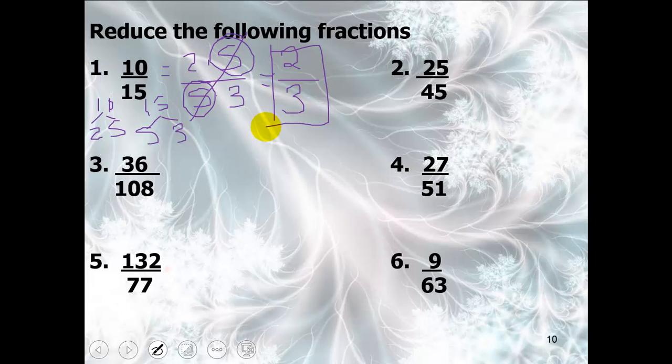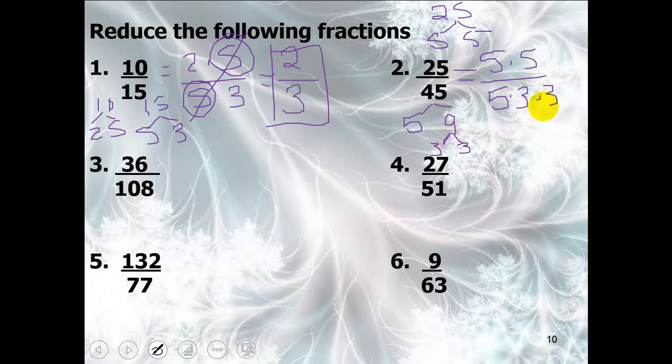Now, number 2. 25 over 45. Well, I'm going to prime factor 25. I'm going to divide by 5, and I get 5. So 25 is equivalent to 5 times 5. 45, I'm going to prime factor, and it becomes 5 times 9, and then 9 becomes 3 times 3. So this is 5 times 3 times 3.